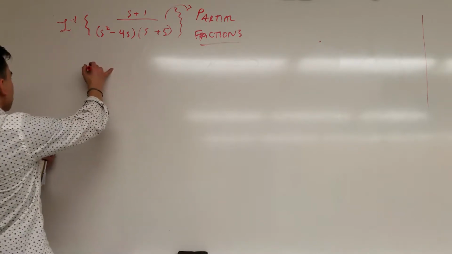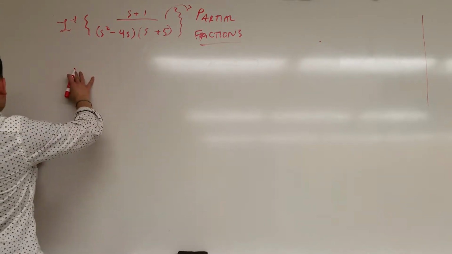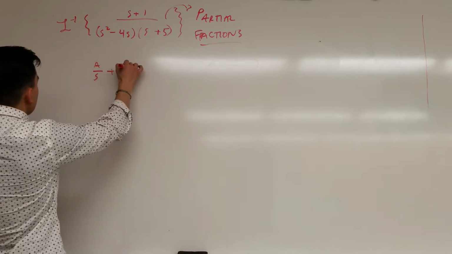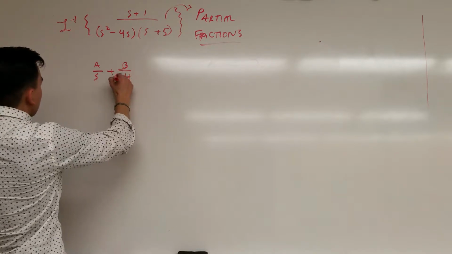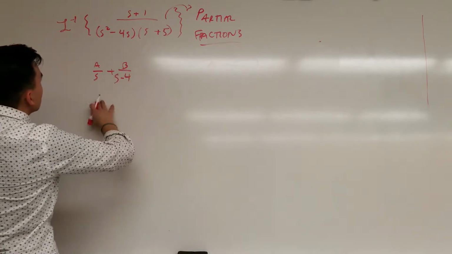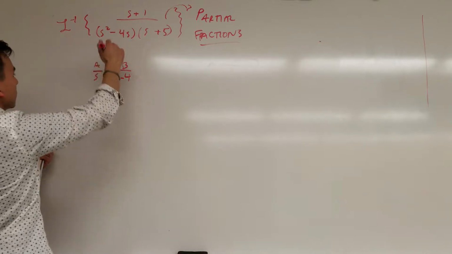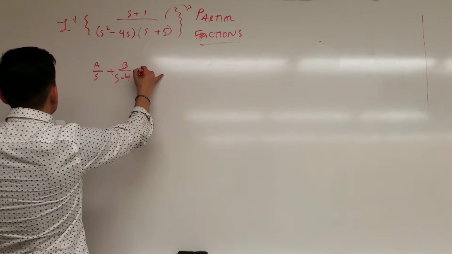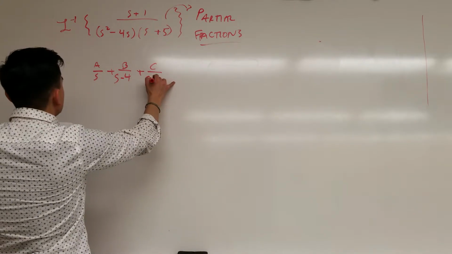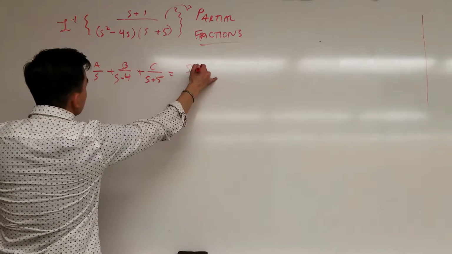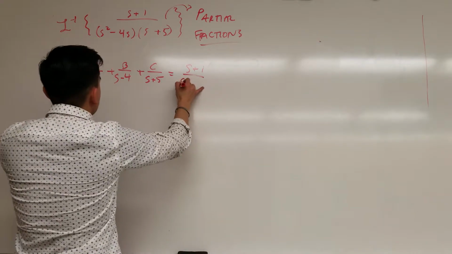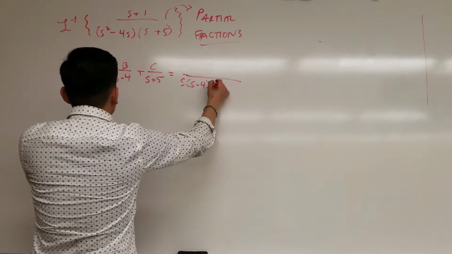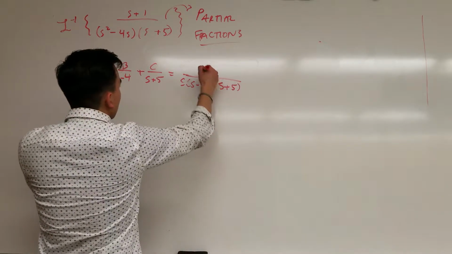So if I treat this as a partial fraction, I will have A over s plus B over s minus 4, because all I did was factor out an s there, plus C over s plus 5 equal to s plus 1 over s minus 4 times s plus 5.